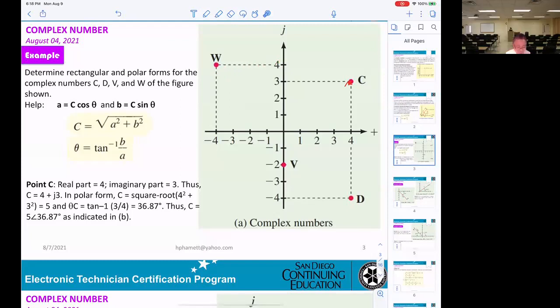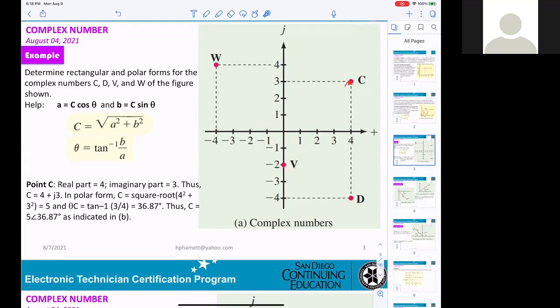It's a real. So that will be a minus 4, that's your A, and 4 is the imaginary, so that's B. Right. Minus 4 plus J4. That's W.